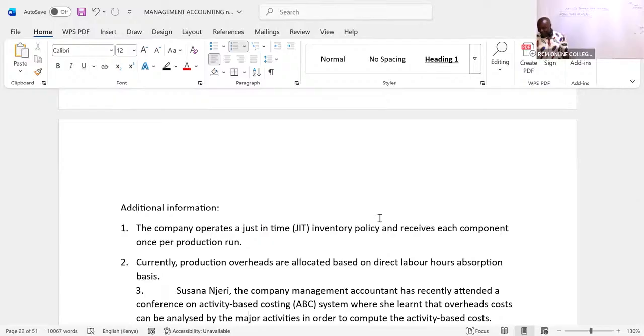I haven't yet taught you inventory management, but whenever you hear of JIT, what comes to your mind? In this case, just in time, we shall only be making orders when we need to make production. So we basically order raw materials for immediate usage. We don't have stores under JIT.